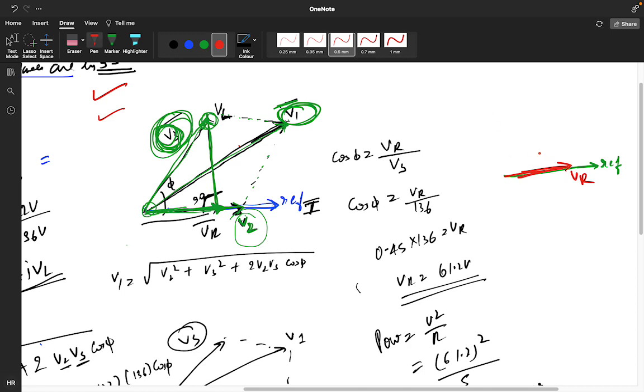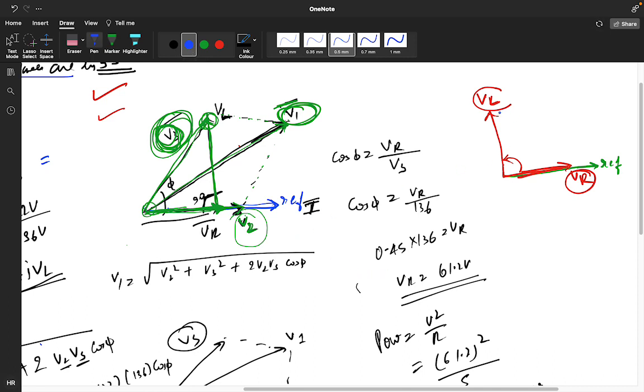Now you know the lagging concept, that VL is lagging by 90 degrees with reference. But you need to know the result of VR plus VL, which gives you V3. This particular line connects the head and tail part. So how will we connect the head and tail part? By drawing the line.